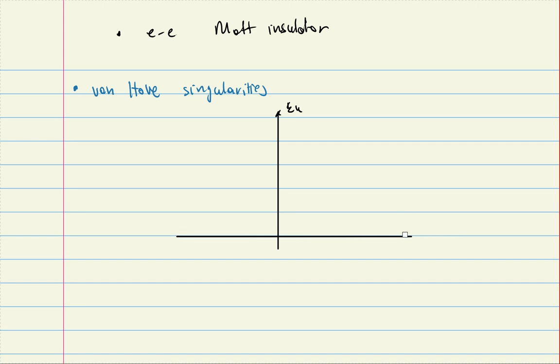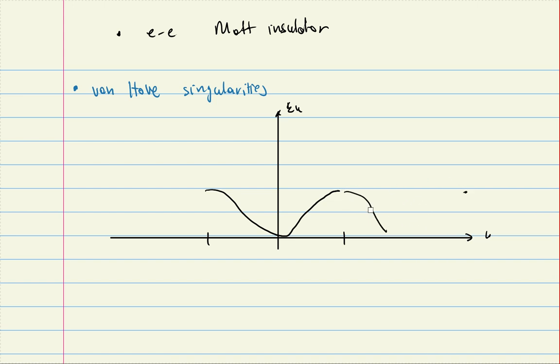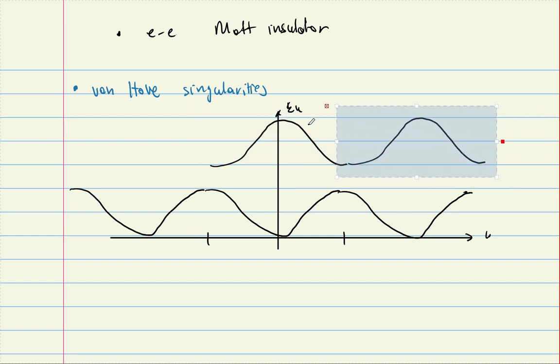Let me write it a little bit bigger. So this is k, and there is a Brillouin zone. Here's the Brillouin zone, and the band is something like this. But outside the Brillouin zone, we can just repeat it in the repeated zone scheme. It's going to be something like this. This one works. And similarly for the excited state, or second band, I have something like this, and I can repeat it outside.